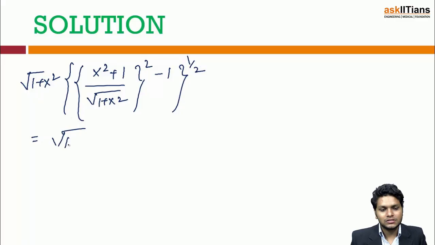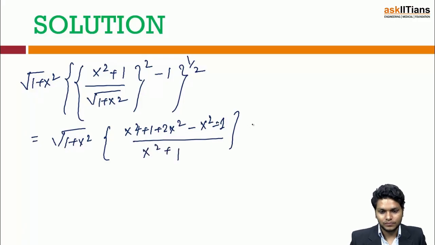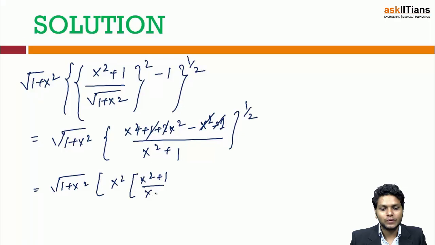So doing the calculations, I'll have 1 plus x square, then x square plus 1 plus 2x minus 1 over x square plus 1, to the power half. This will be root over 1 plus x square. This will cancel out with this one, so I'll have x square into x square plus 1 by x square plus 1, to the power half.